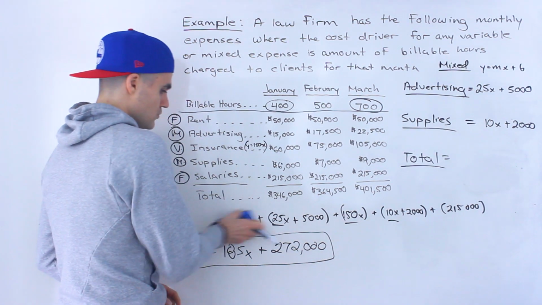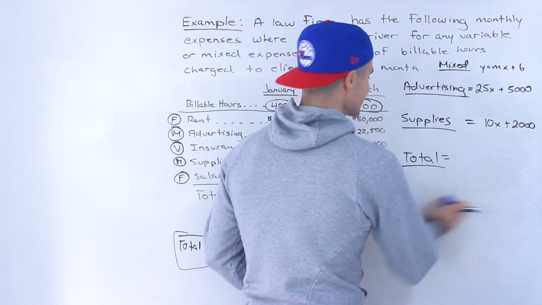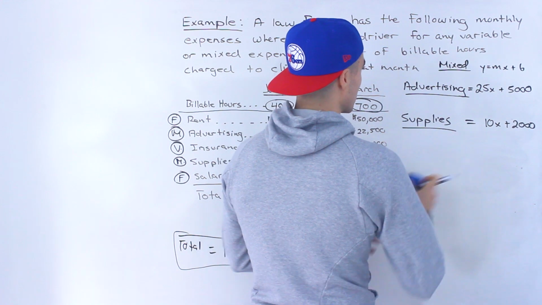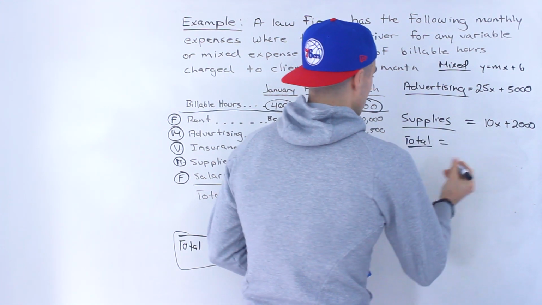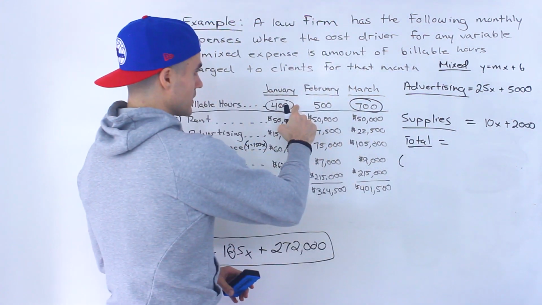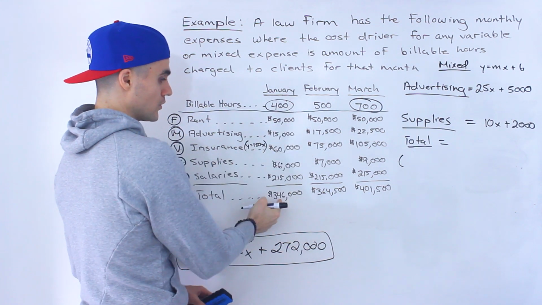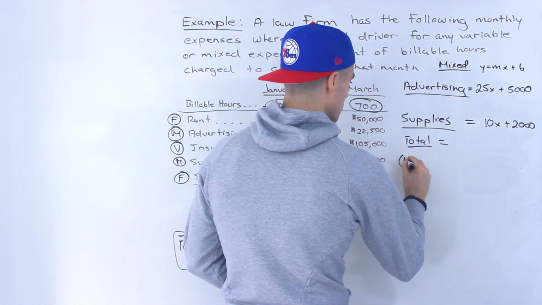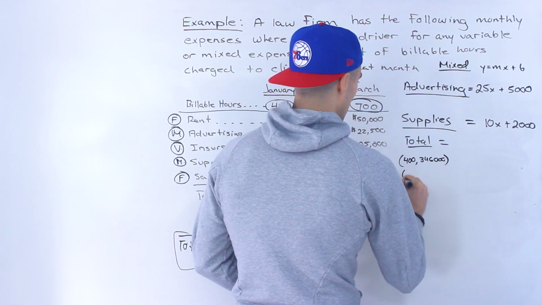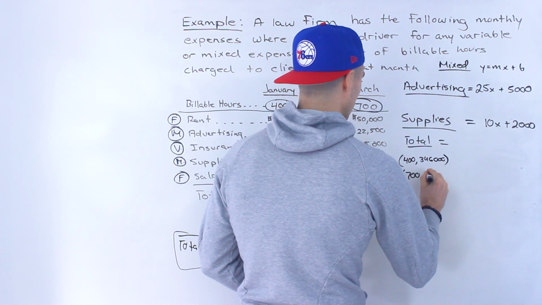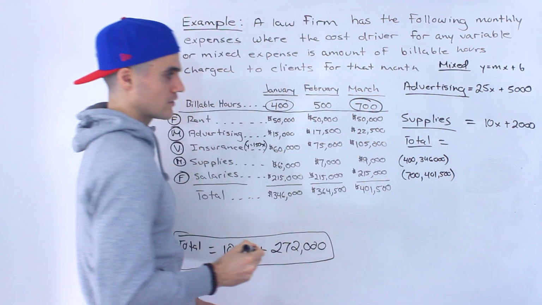Now, if we're going to do the high-low method, exact same thing that we did with advertising and supplies. Going to write this above here. So what we would do is pick two coordinates, still using the low and high cost drivers. So we'll have 400 and then 346,000. Then we'll have 700 and 401,500.